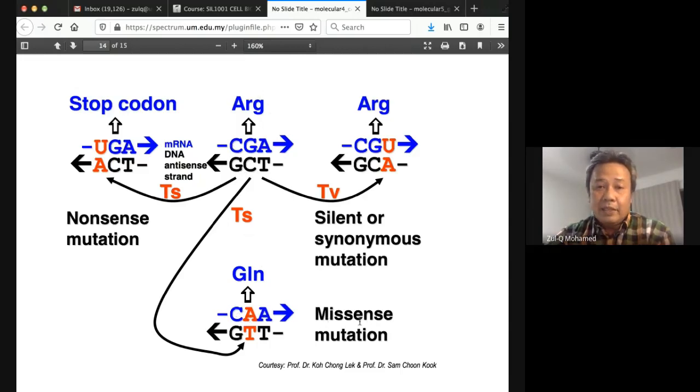So this is a missense mutation. If the first C changes to a U, CGA becomes UGA. This becomes a nonsense mutation, a transition as well. So this slide tells you the possible different types of outcomes if there is a mutation. It's not saying that all three are going to happen, but depending on which one is occurring, it will tell you what type.